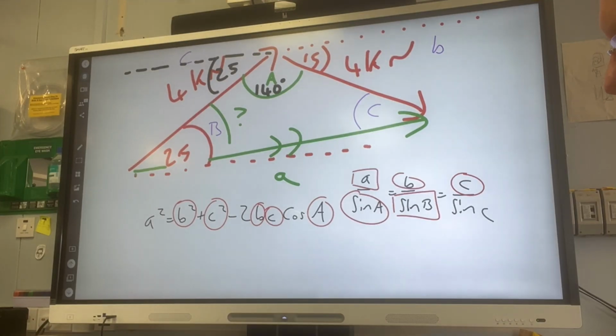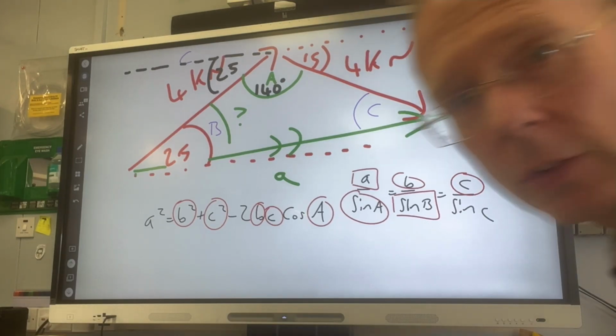A squared equals B squared: 4,000 squared plus 4,000 squared minus 2 times 4,000 squared cos 140. And then you have to find the square root of that.